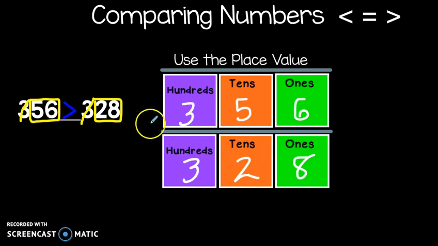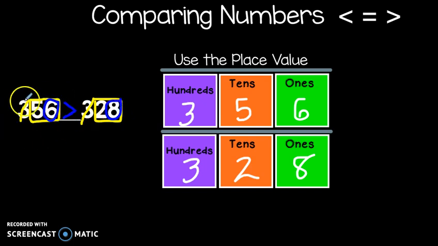But I did want to point out one more thing, and that is this. If you look at these two numbers, you will see that here is a 6 in my ones place, and here is an 8 in my ones place. So that's confusing because the 8 is bigger or greater than the 6. But really, it doesn't matter. This could be a 9 and this could be a 0.